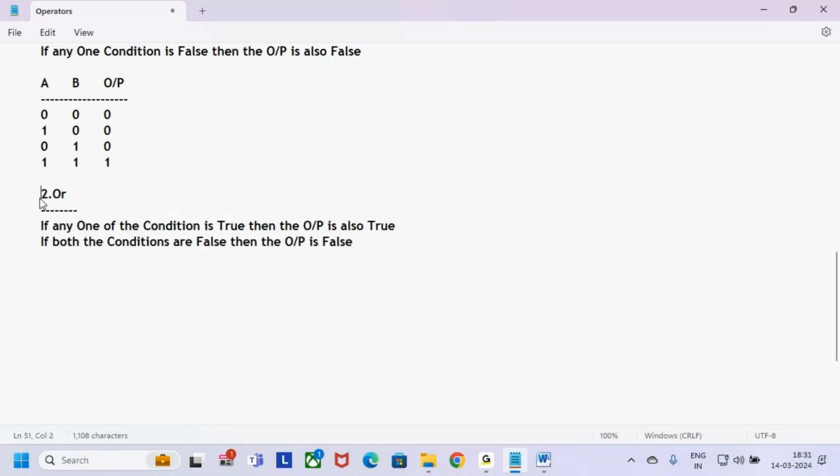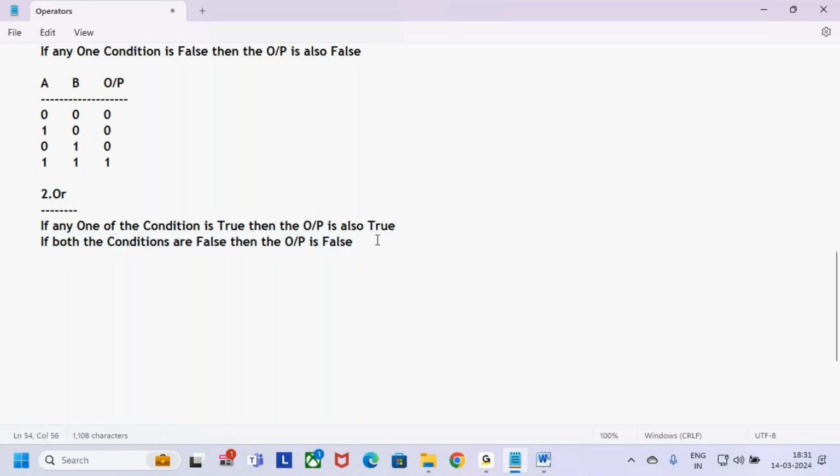So in the OR operator, when we'll get the output as true means, whatever the conditions you are defining, if any one condition is true, then automatically you'll get the output as true. When the output is false, if both the conditions are false, then the output is also false.